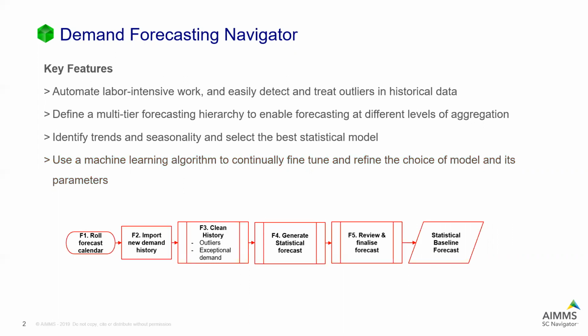And that's summarized in this flow diagram at the bottom of the page, which is essentially the steps that the application supports. So every forecast cycle, we're rolling forward a period, we're bringing in new demand history to add on to the history we've already got in, we're analyzing that history, identifying any outliers, and treating those.